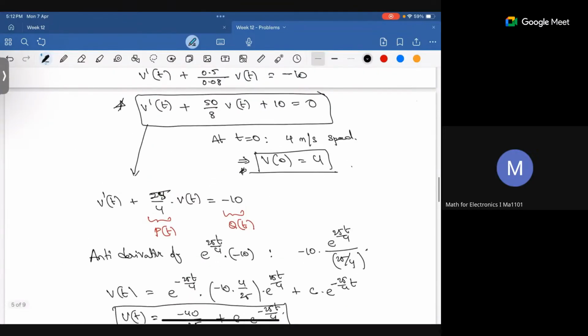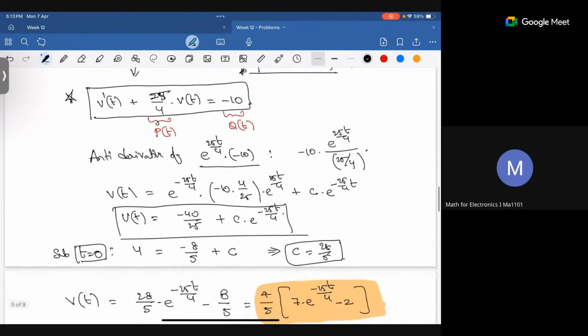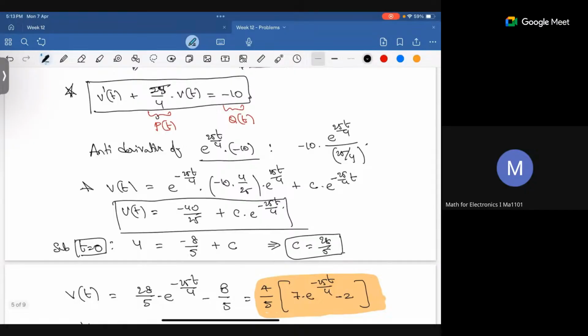But the concept that we have used is this. After forming the first order linear ODE, the first and foremost thing is to identify our P of t or P of x and Q of x. Once you have that, you have to find the antiderivative of e power px into Q of x. And once you get that, you write down the general solution, general form, and substitute the values.